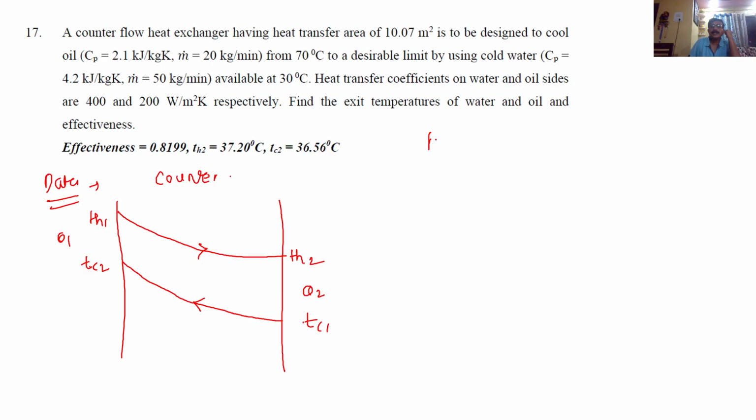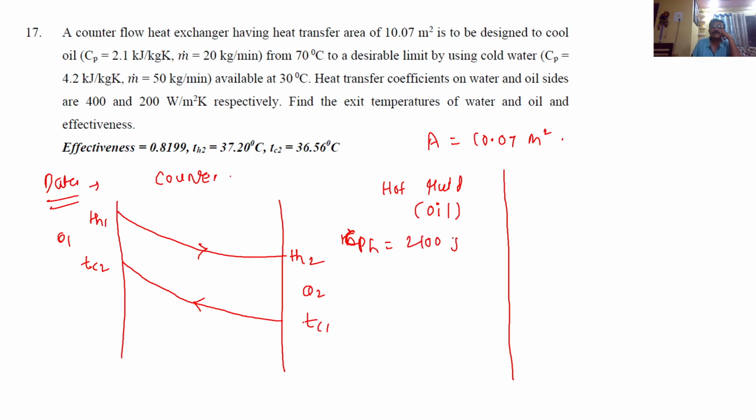Having heat transfer area A is equal to 10.07 meter square, is to be designed to cool oil. So cooling happens for the hot fluid. So I will write in two column format. Hot fluid, that is oil, whose Cp, specific heat of hot fluid, is given as 2.1 kilojoule per kg Kelvin, so 2100 joule per kg Kelvin.